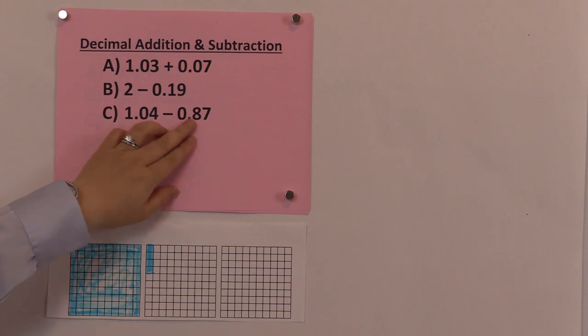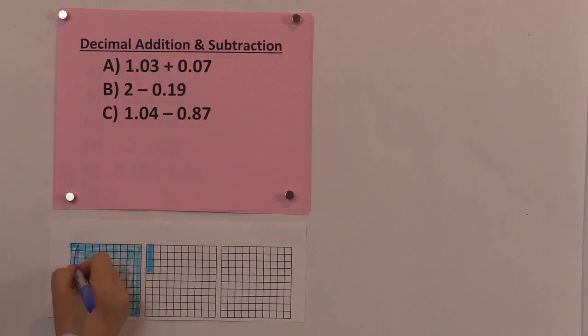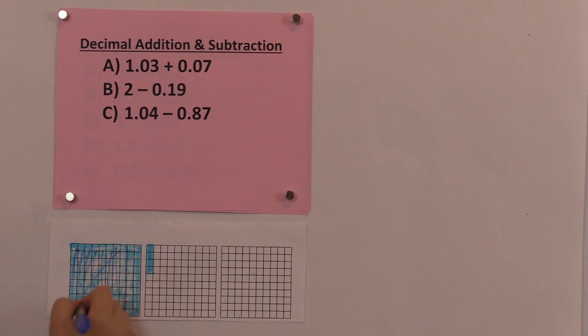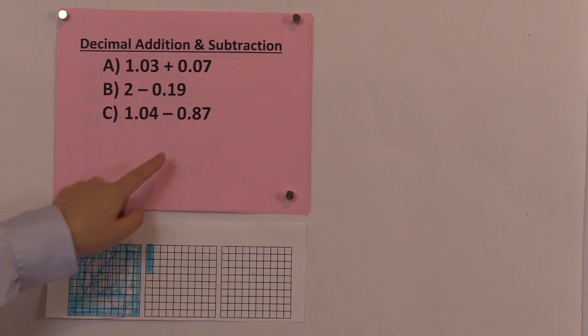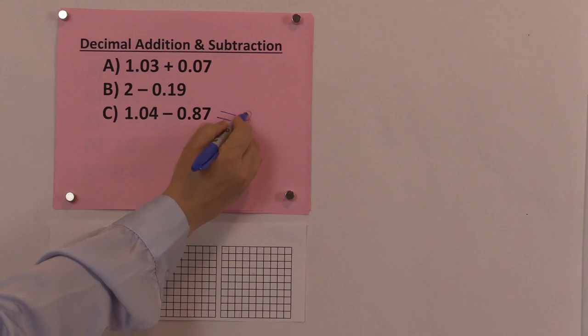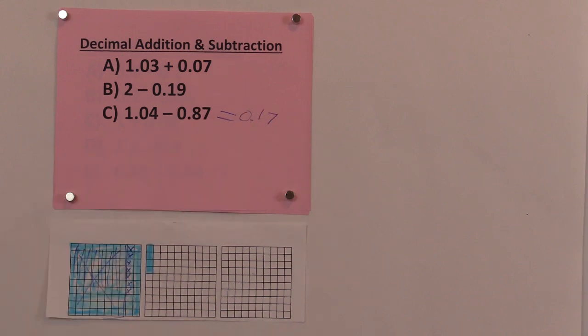So I'm going to take away 8 tenths first. 1, 2, 3, 4, 5, 6, 7, 8 tenths, and then 7 hundredths. 1, 2, 3, 4, 5, 6, 7. And I need to count how many I have left. 10 plus 1, 2, 3, 4, 5, 6, 7. So 17 hundredths is going to be my answer. Okay, does it make sense to you? Okay, good.